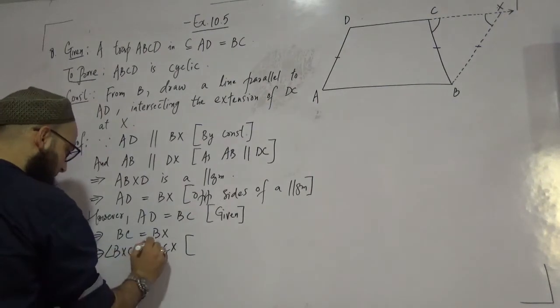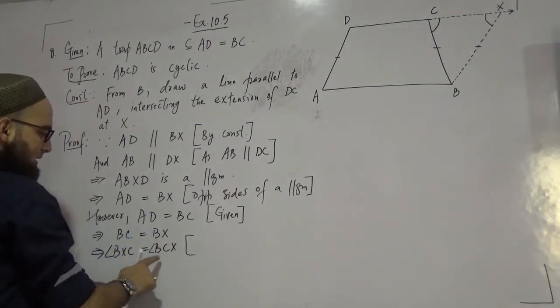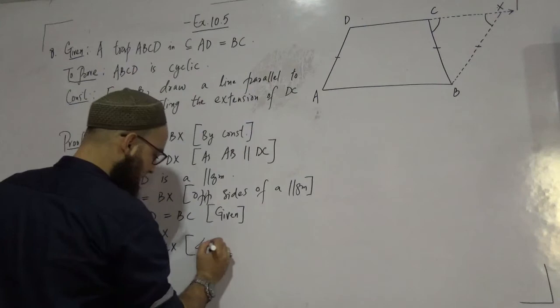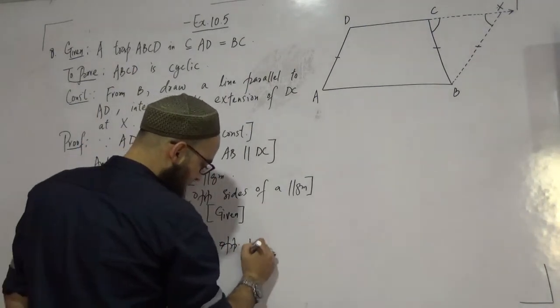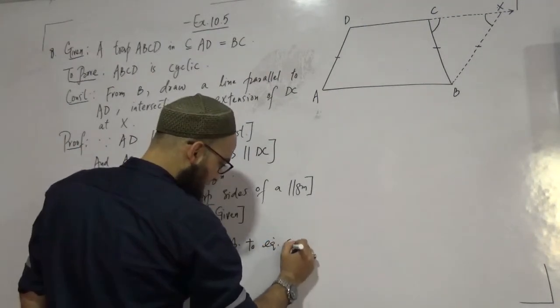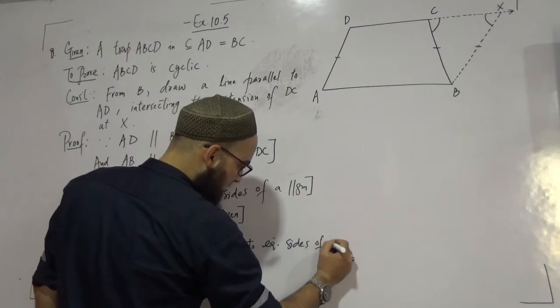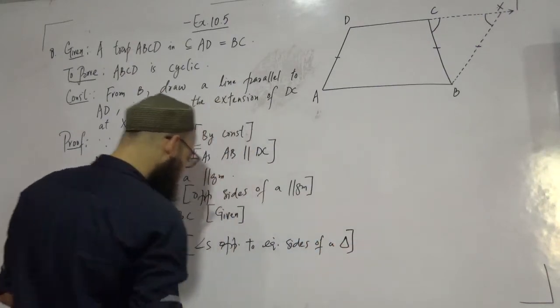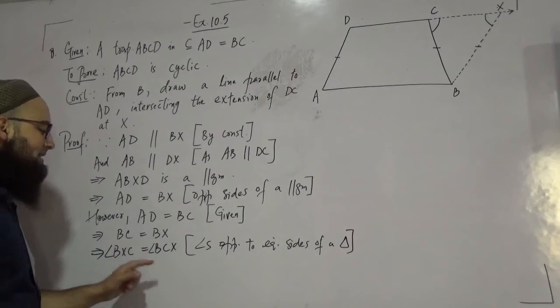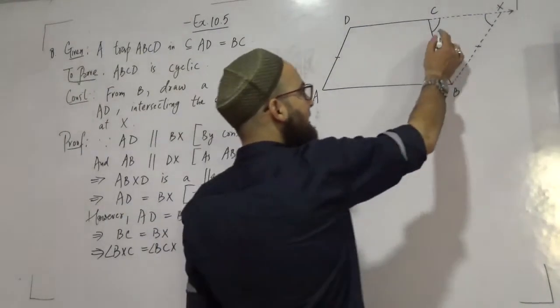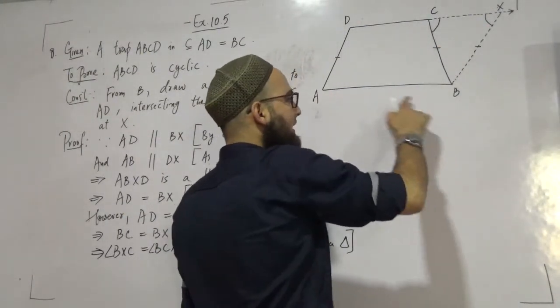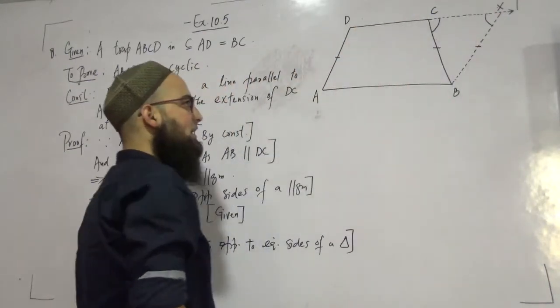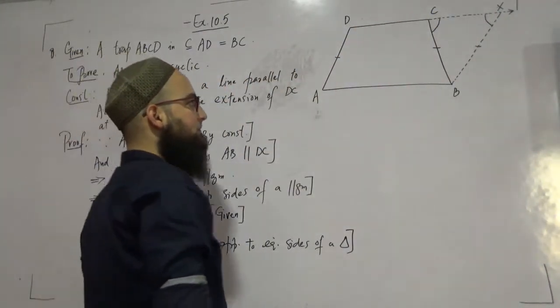Reason: angle BXC is equal to angle BCX, angles opposite to equal sides of a triangle. Now this angle is equal to this angle. But ABXD is a parallelogram.